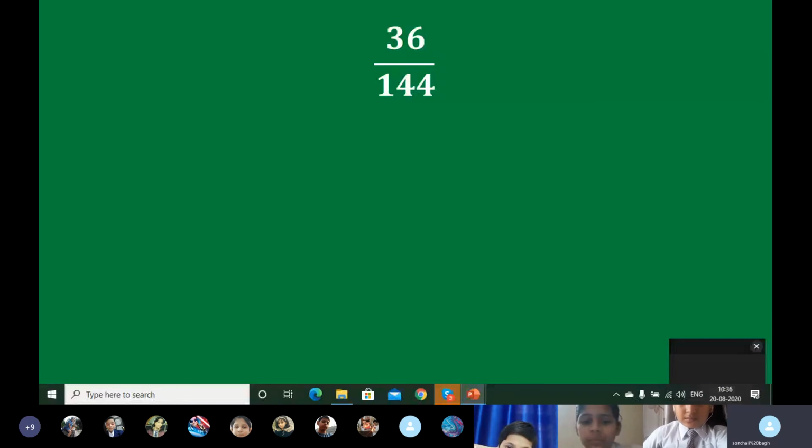Okay, I am giving you a hint for this type of question to do it fast. Try for greater numbers that divide both. For example, if you take 9, 9 4s are 36 and 9 16s are 144. For this, you should know tables.